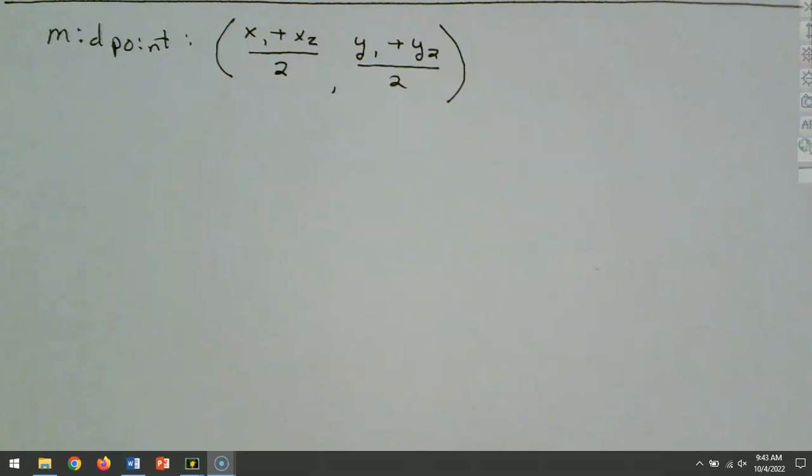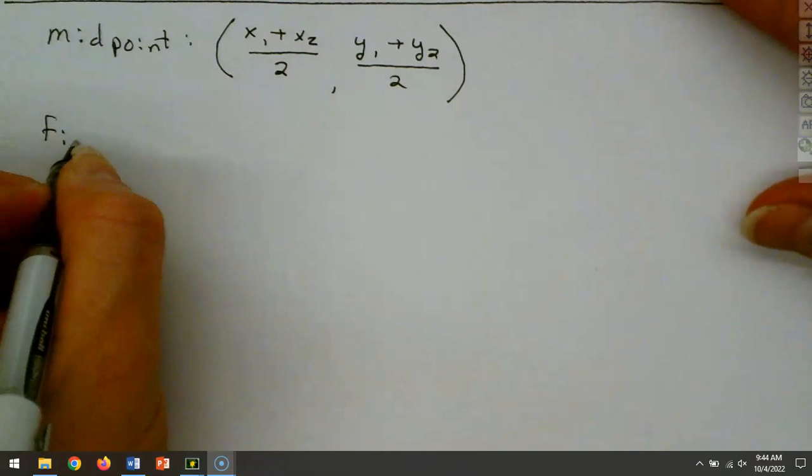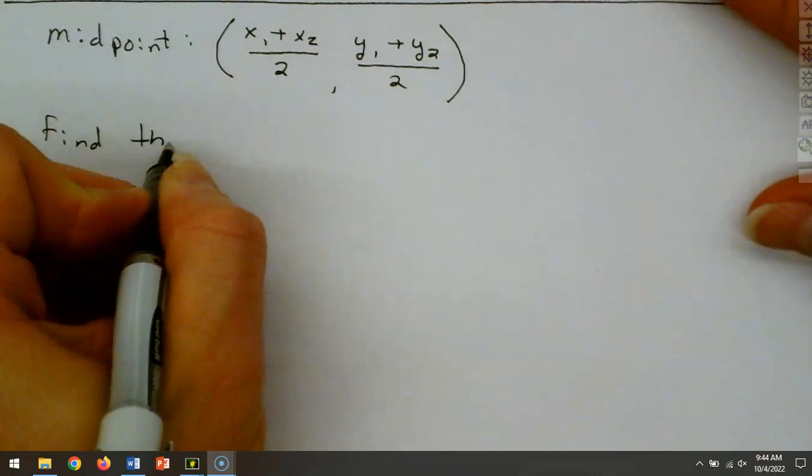Okay, so we're now going to go ahead and look at the midpoint formula first. Now, the midpoint, when I work that out, that's going to be an ordered pair. So let's do a couple of these. And then we'll look at the distance formula.